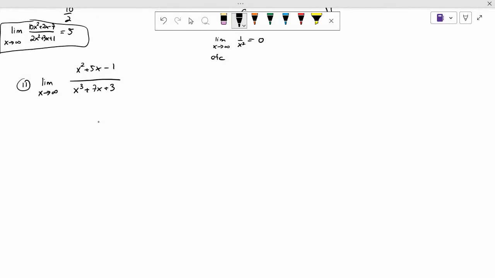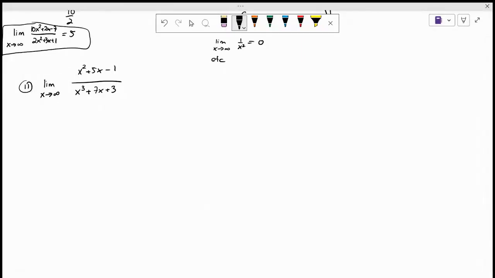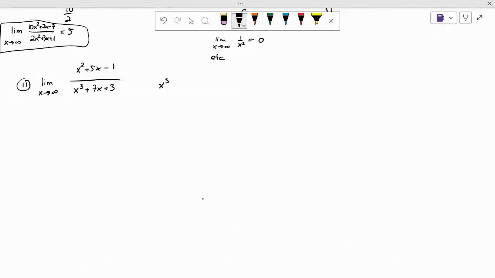So this is a limit at infinity because x is going to infinity. And for that kind of limit, we want to look for the highest power of x in the denominator. So what's that highest power of x? X cubed. So now we're going to divide the top and bottom by that highest power of x.